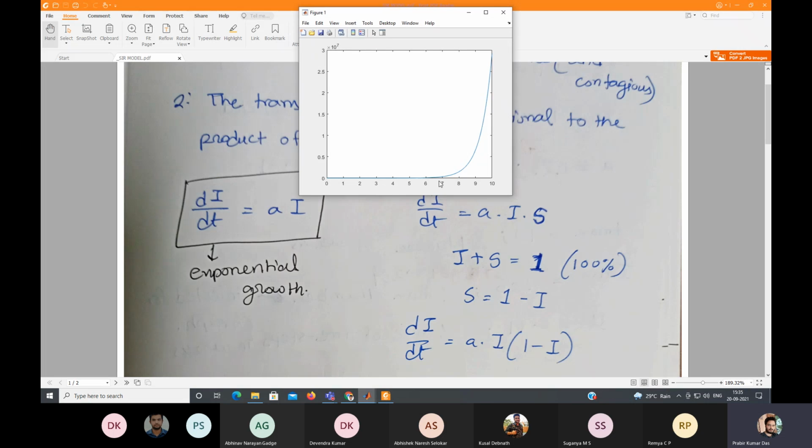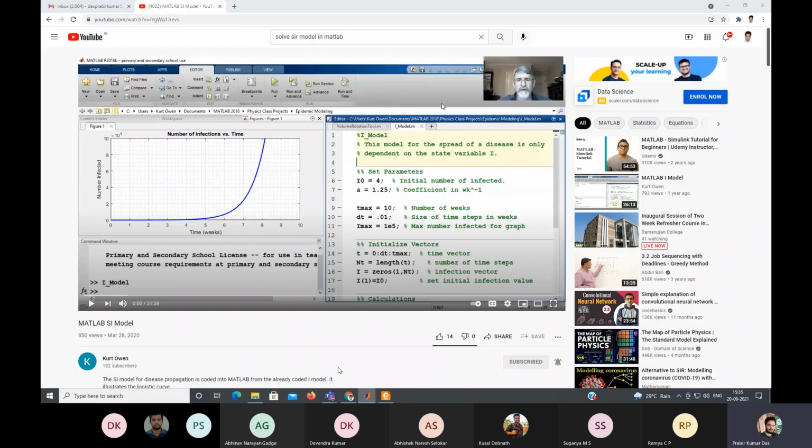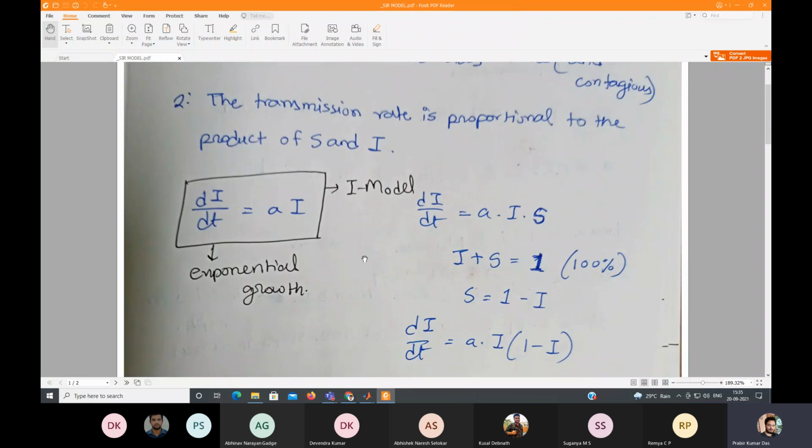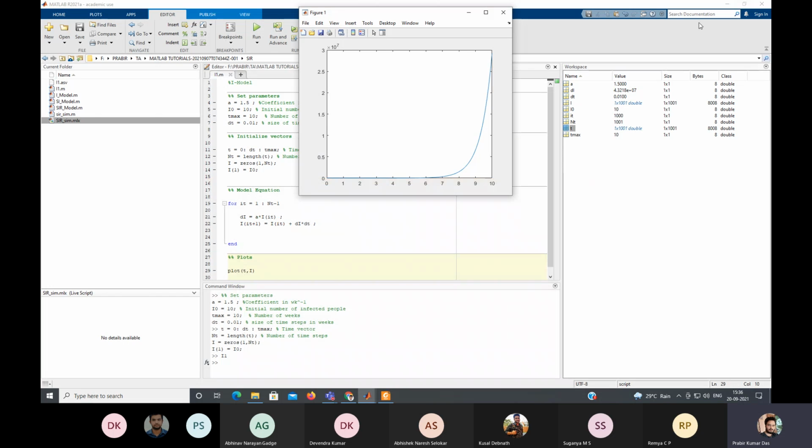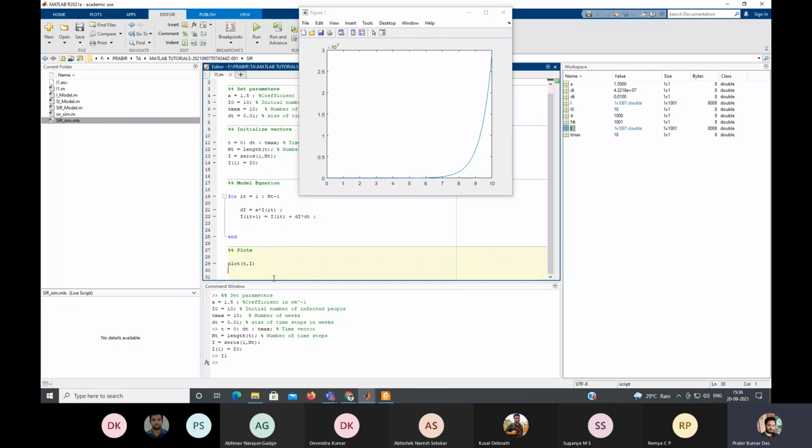Okay, so now how can we make our plot look nice? First we make our plot. This will make our plot blue.